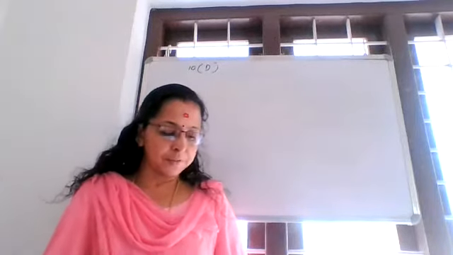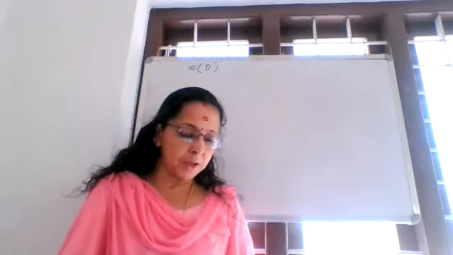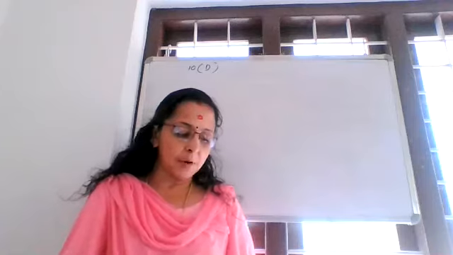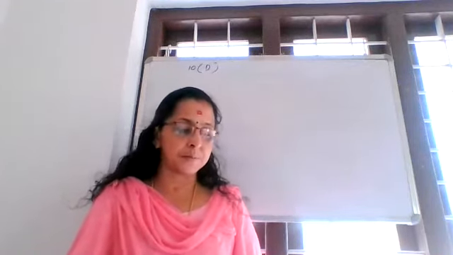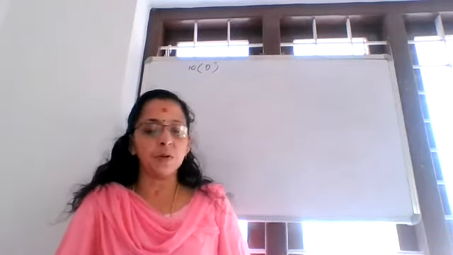Second question. The sum of three consecutive terms of an AP is 21 and the sum of their squares is 165. Find these terms.